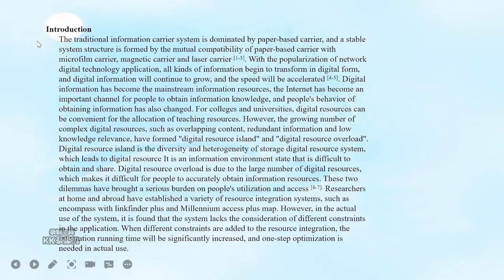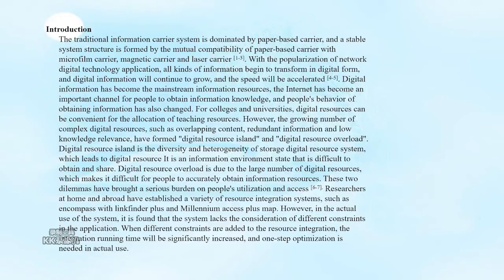Introduction. The traditional information carrier system is dominated by paper-based carriers, and a stable system structure is formed by the mutual compatibility of paper-based carriers with microfilm carriers, magnetic carriers, and laser carriers.